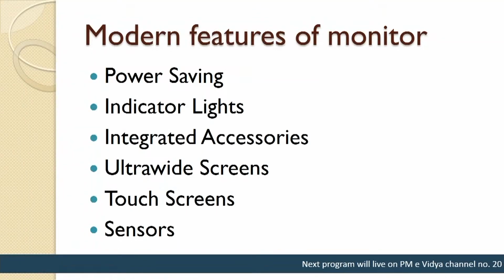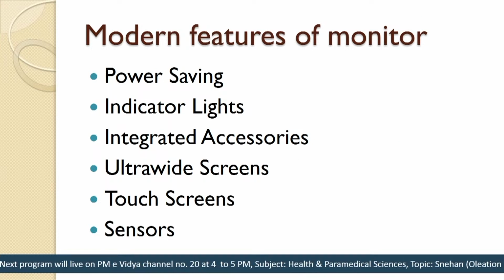Fourth, they have an ultra wide screen, and fifth, they have a touch screen, and they also have sensors. So what is power saving? The modern computers can consume power more efficiently. As a result, the computer consumes less power, as we know that the computer runs on electricity.